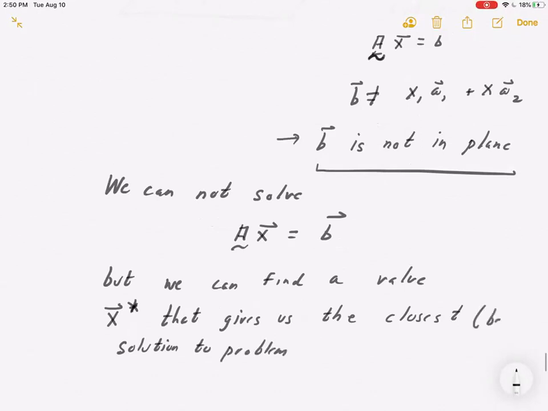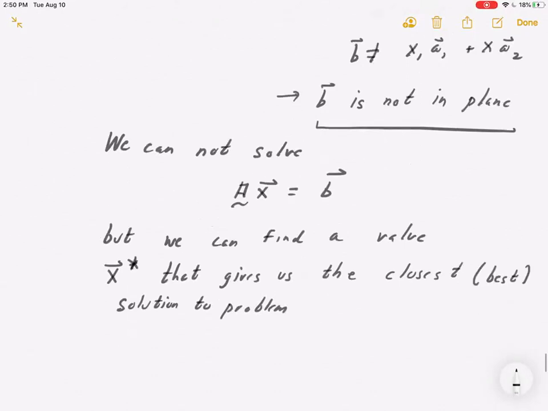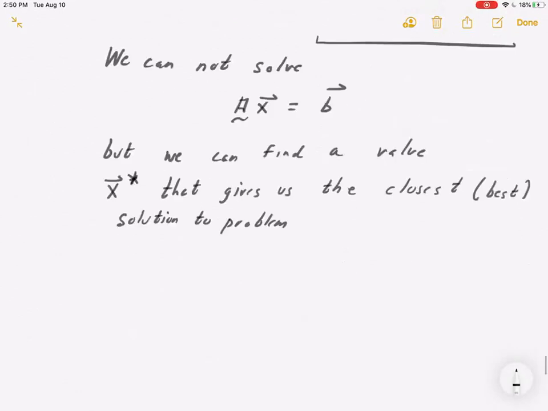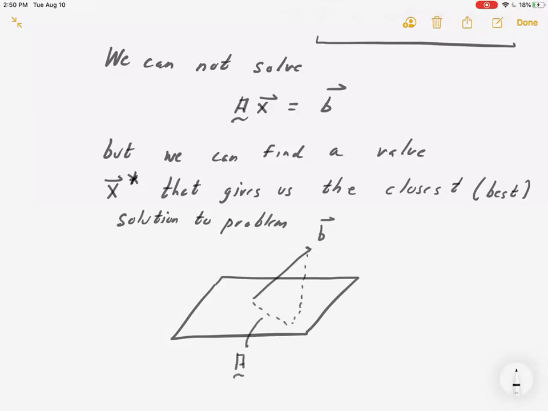Another way of saying closest, it's the best solution that we can get as an approximation. So go back and look at this plane. Here is B. We can't find A times X, but we could find A times X asterisk, such that A times X asterisk minus B is going to be the error in this problem.